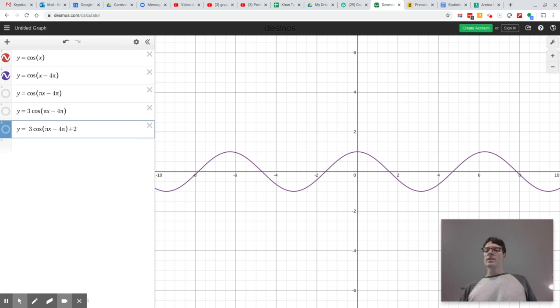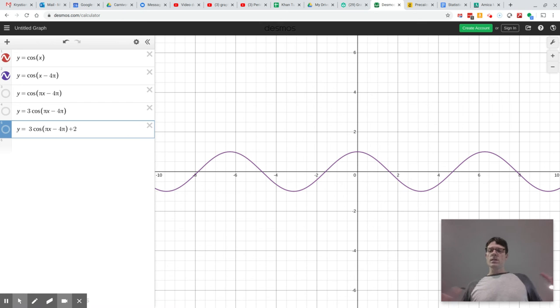If I move it over another 2 pi, it again sits on itself perfectly. So even though we did move the whole graph in the positive direction, it doesn't really look any different because the cosine graph's infinite.